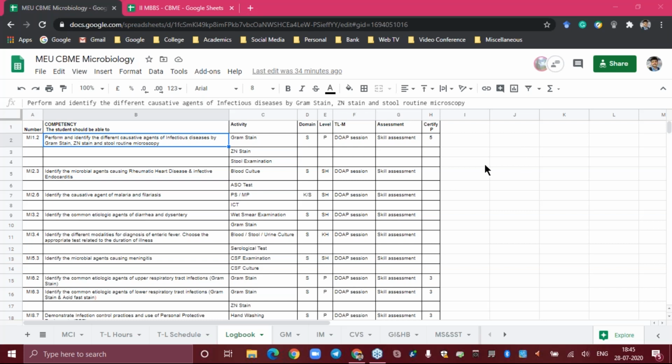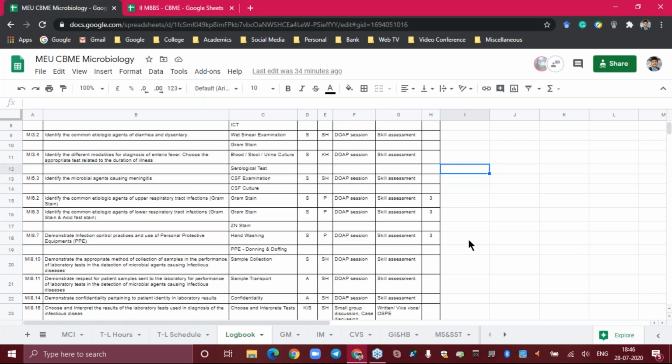And regarding the logbook, sir, it depends on how many demonstrations we have to do. The demonstration part we have to split according to the 2 hours, depending on the session, as provided by the MCI in the new curriculum, sir. So the logbook will be very simple and good in numbers.